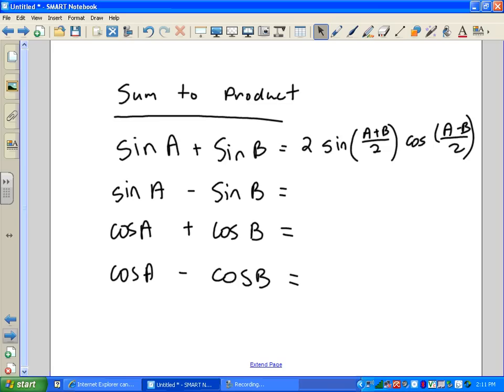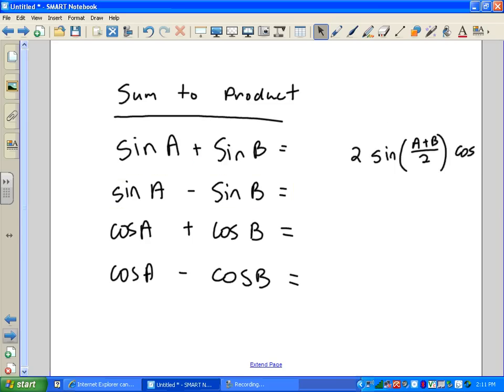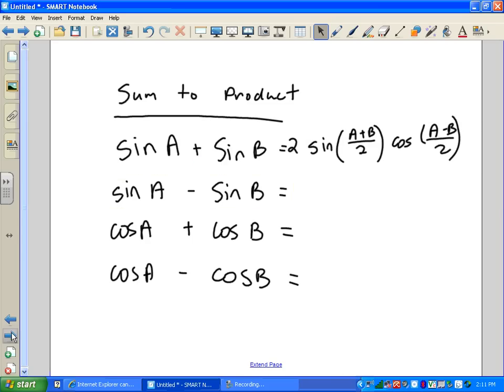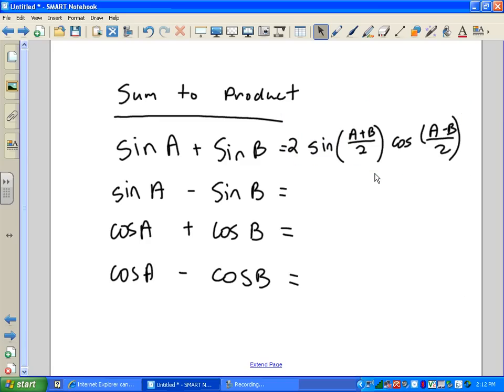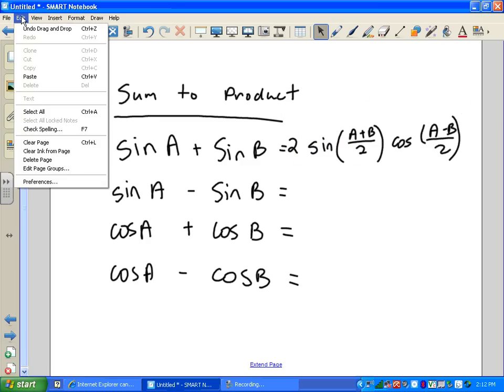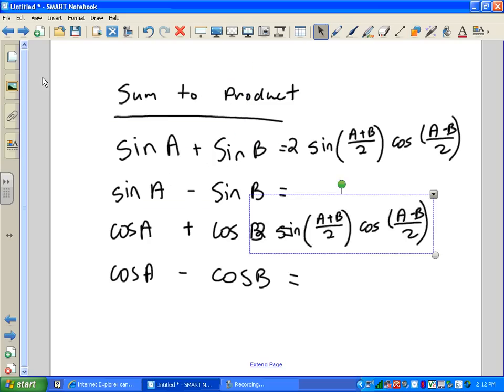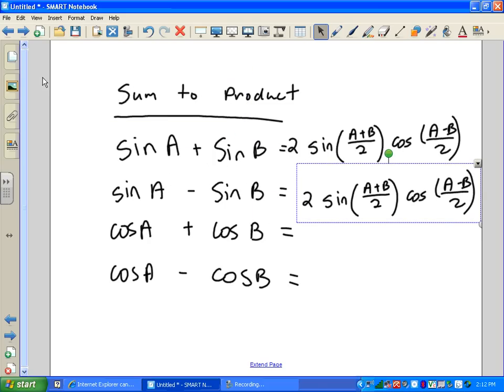Okay, so the other ones are very, very similar. The next one is just going to take the same one here. It's basically going to be the same thing, except for a couple of differences.